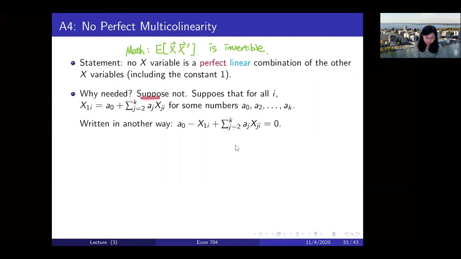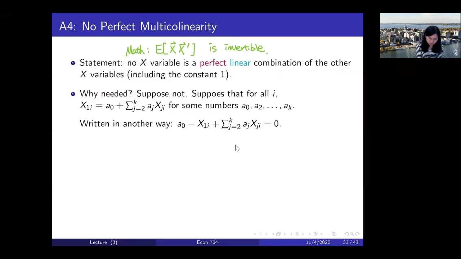Suppose that this assumption doesn't hold. That means there is an x variable that is a perfect linear combination of the other random variables. Suppose, without loss of generality, that the first x variable is a perfect linear combination of the other random variables.